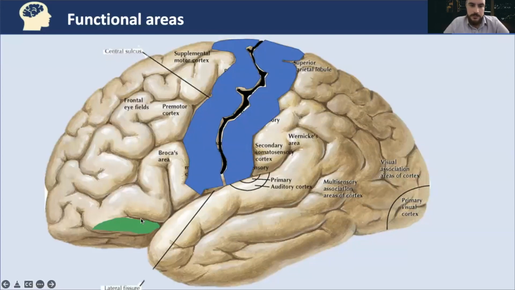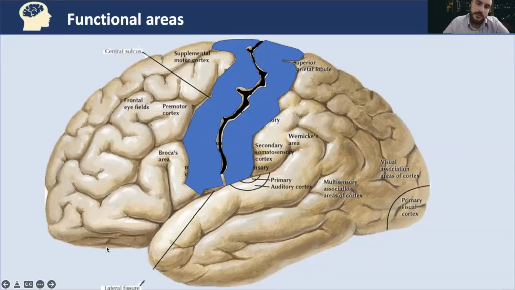Who can tell me what this part of the brain is? The orbital part of the frontal lobe. Sorry, not gyrus rectus. Orbital part of frontal lobe. Pars orbitalis. The orbital part of the frontal lobe is over here.